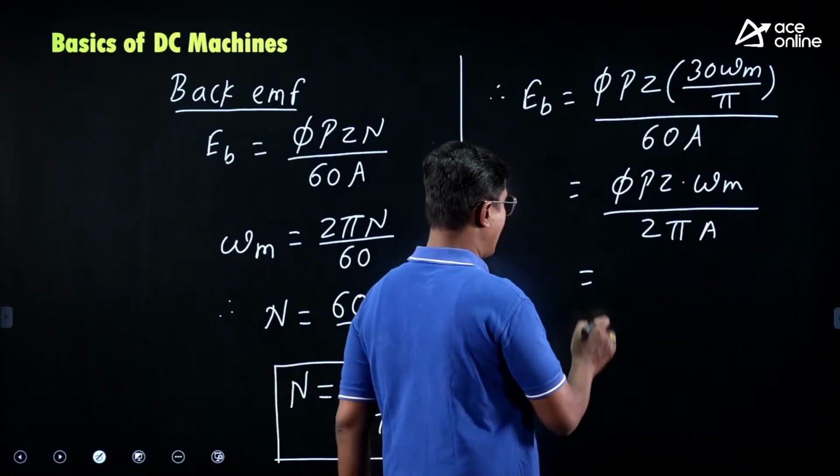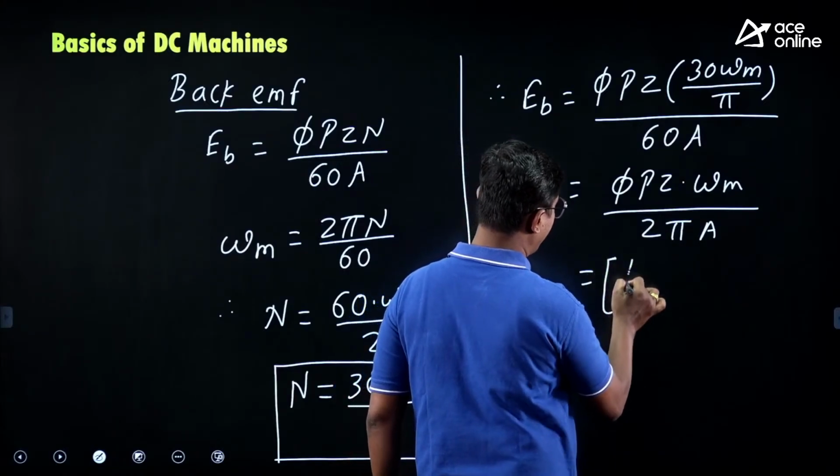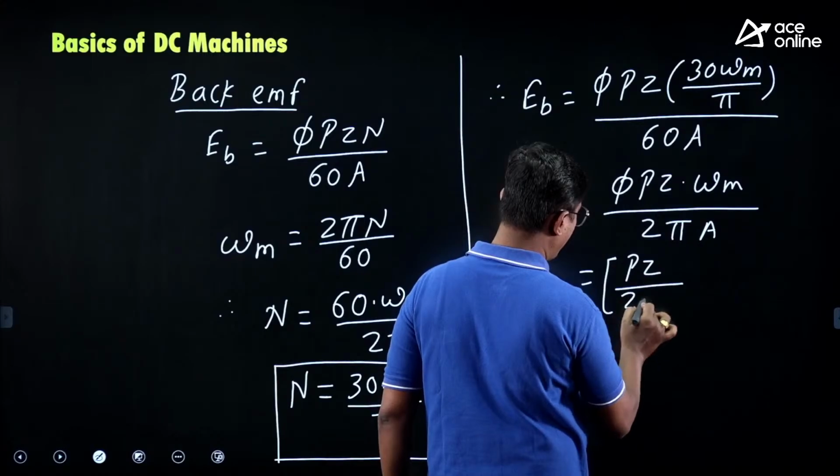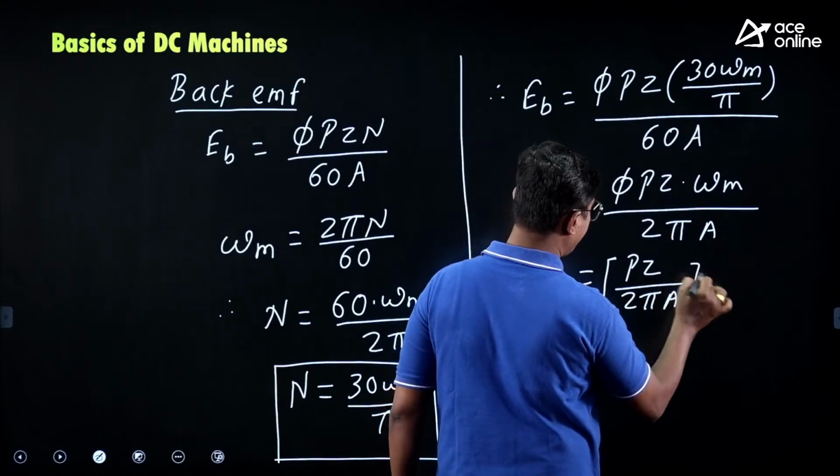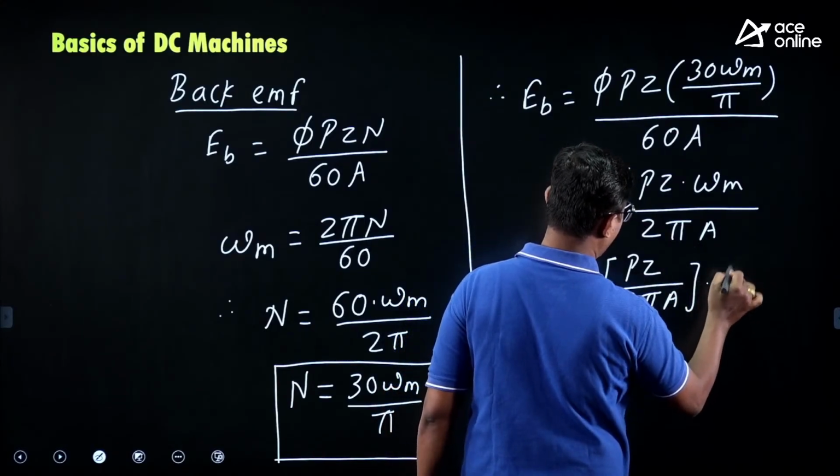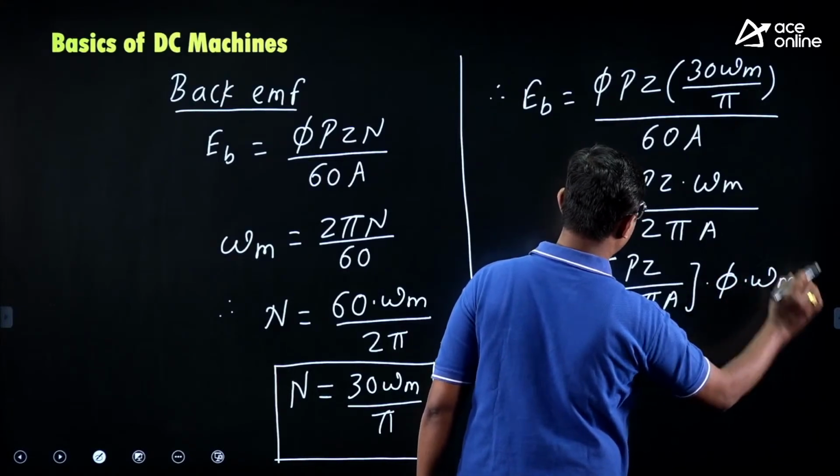So here I am taking all the constants in one bracket: P Z upon 2 pi A into phi into omega m.